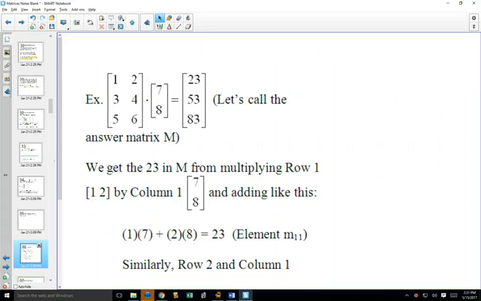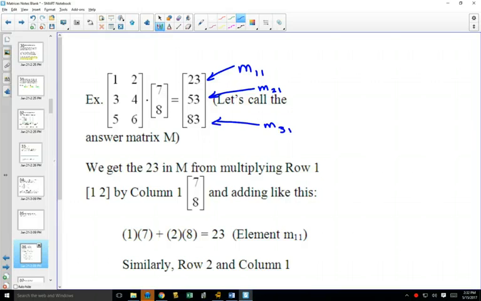So we're going to color code this. When we look at our answer, it has 3 elements. Let's call this matrix M. This will be M, row 1, column 1. This one will be row 2, column 1. And this answer is row 3, column 1.